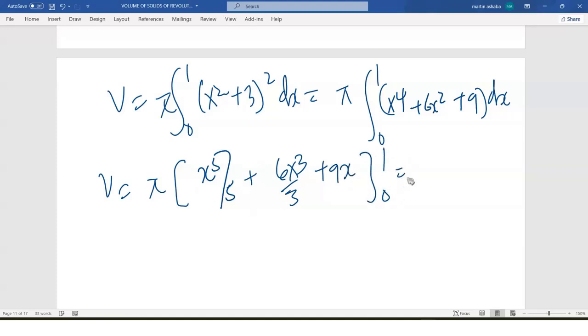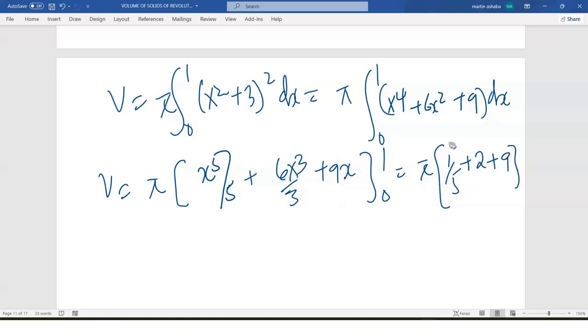So that will be pi into 1 out of 5 because 1 to the power 5 is 1, then plus 6 divided by 3, that is 2 into 1 cubed, so it remains as 2, then plus 9 times 1.